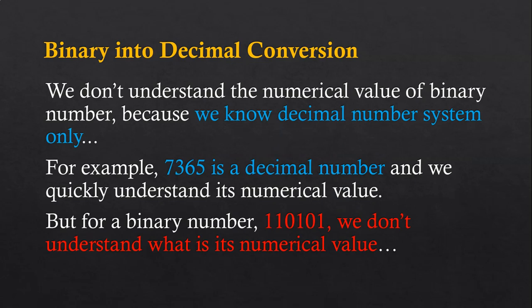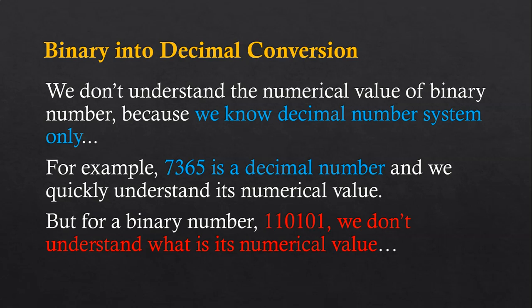We don't understand the numerical value of a binary number because we know the decimal number system only. Until now, whatever binary numbers I showed you, for example 1101, don't carry any meaning for us, because we have been studying only the decimal number system since lower KG, and therefore we don't know the value in terms of binary.